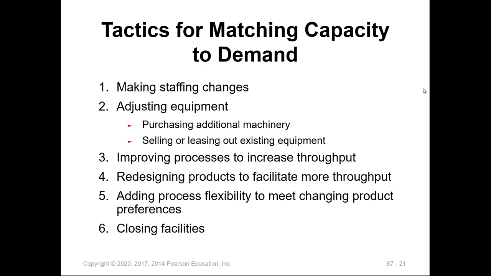The process, when it was designed, was flexible enough to accept any small variability in the design of that product. If the capacity still exceeds demand, the company can resort to the last tactic, closing some facilities, if the capacity is a lot more and we cannot keep pushing to the market.